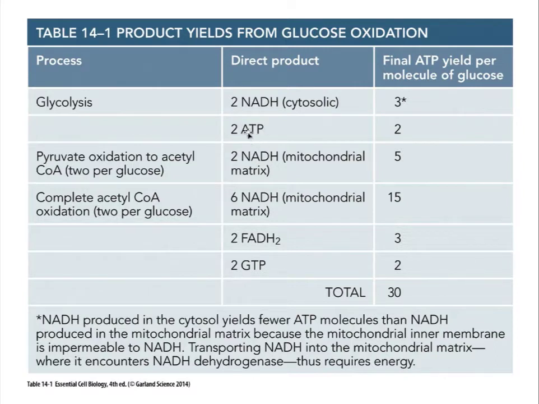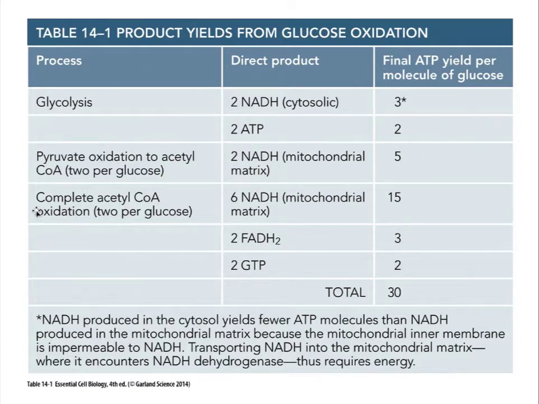So these ATPs are never made inside the mitochondrion, they're made in the cytosol directly from the energy of food. There's a difference right there. Moving down, we know that pyruvate is oxidized to acetyl-CoA, and that 2 NADH molecules are charged in the matrix of the mitochondria. Those two generate 2.5 ATP molecules each, so 2 would generate 5.